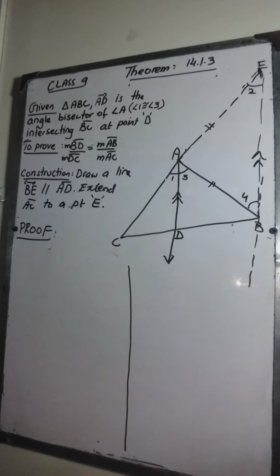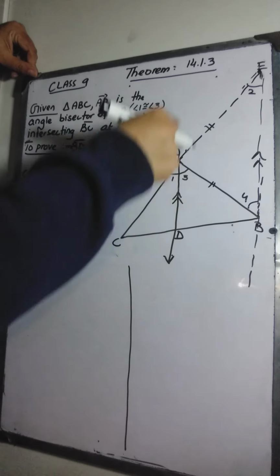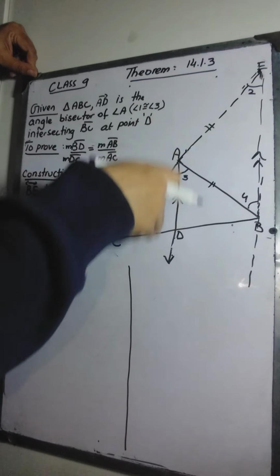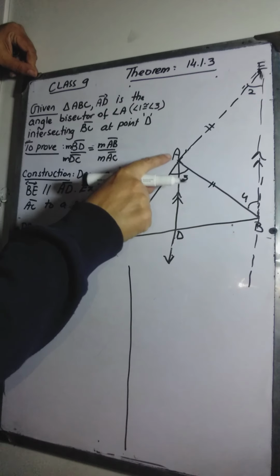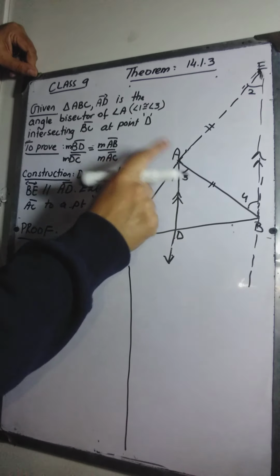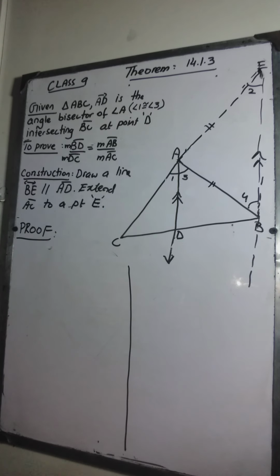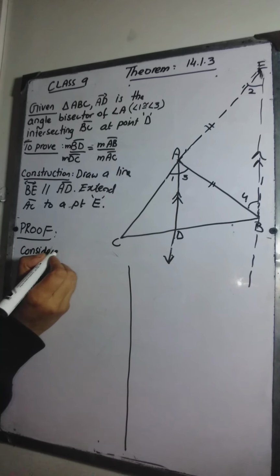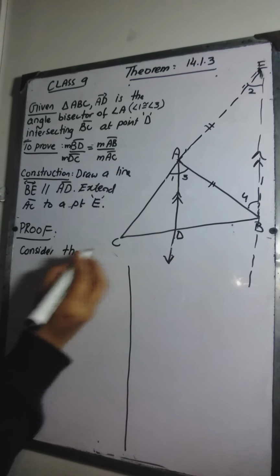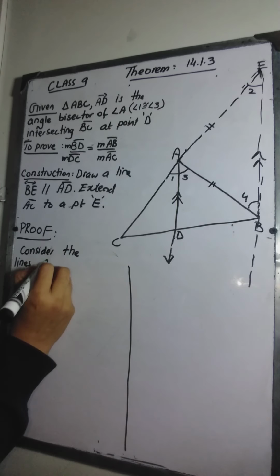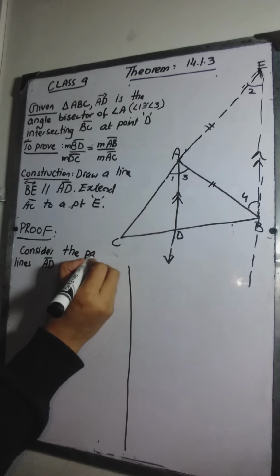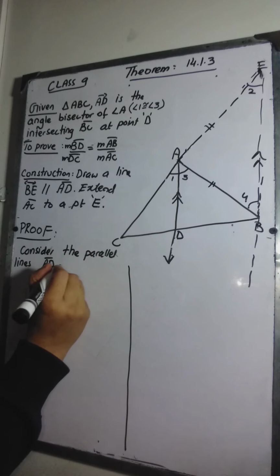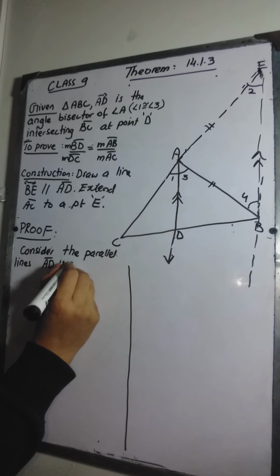Let us start. First of all, consider the lines AD and BE. AD and BE are two parallel lines, and this is the transversal which is intersecting these lines. These are parallel because we had done this in construction: AD parallel to BE.